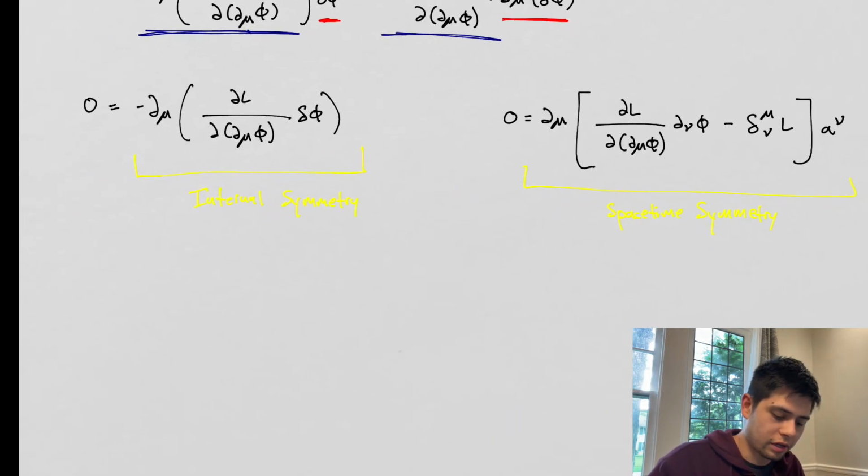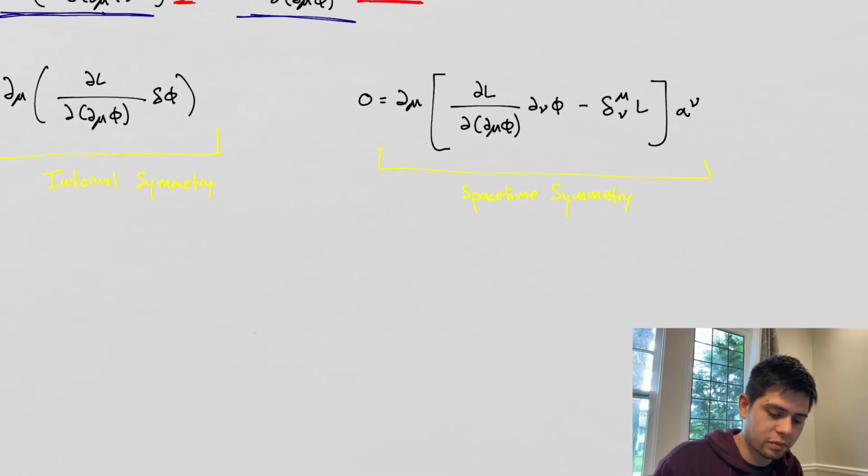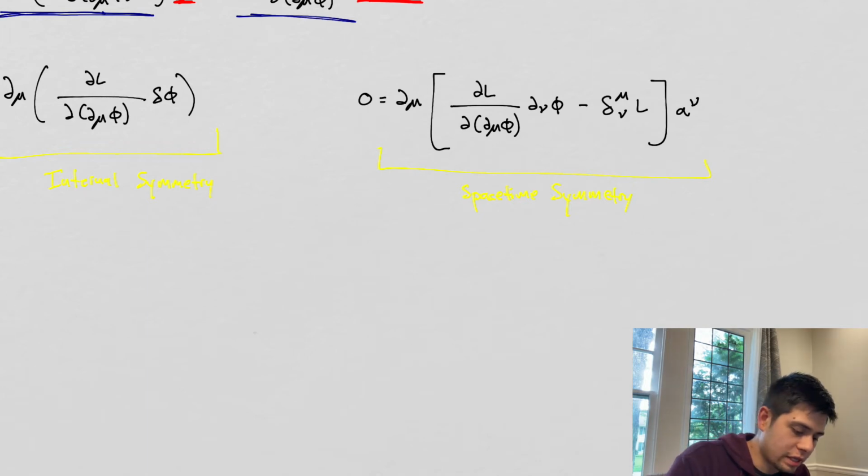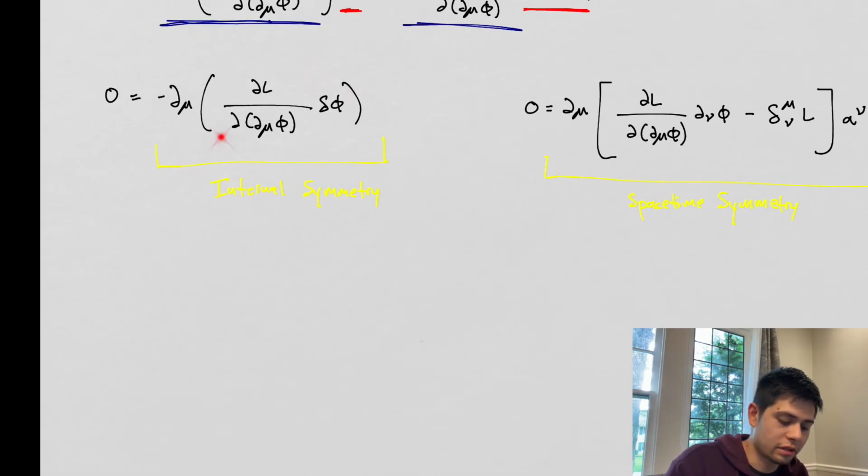So here's our, again, our internal symmetry and our space-time symmetry. Our space-time symmetry said that this object in here, when we took the derivative of this object, that was the thing that was conserved. In our internal symmetry, this is the thing that's conserved.